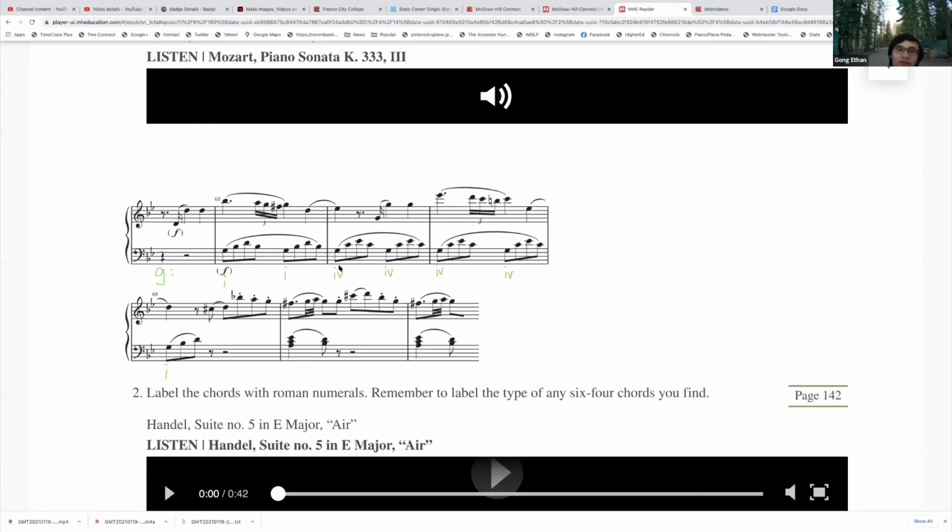Right, leading tone there. This is your root. Which makes it? 7. Yeah. 7 what? With me? Everybody see how I got that?